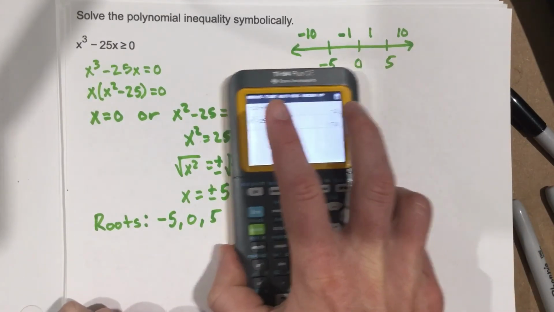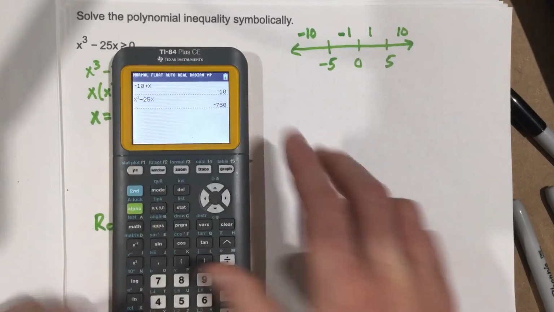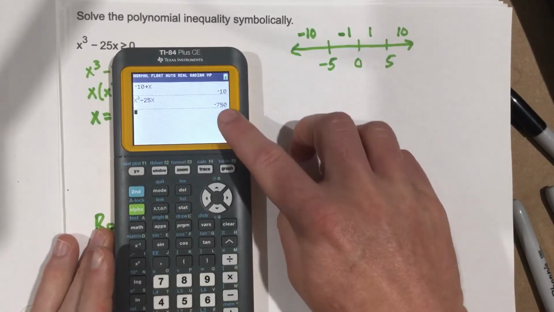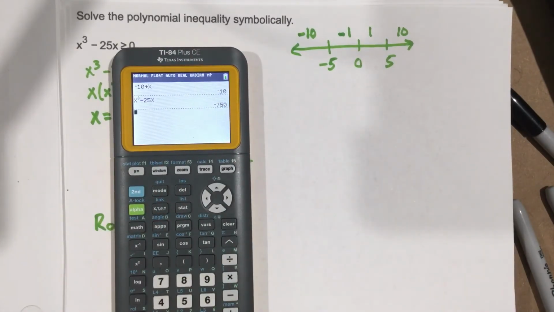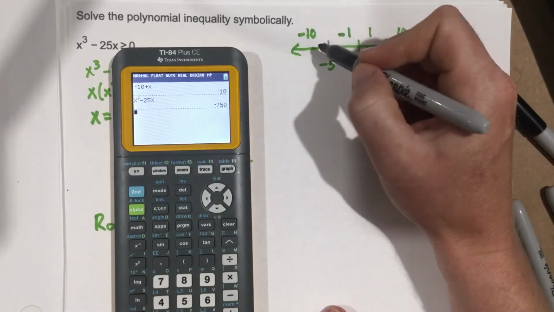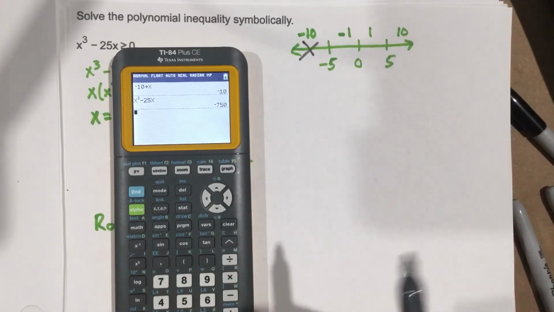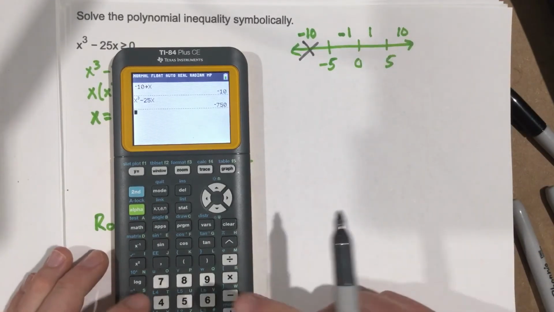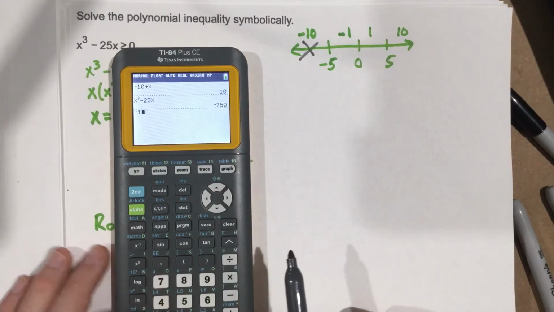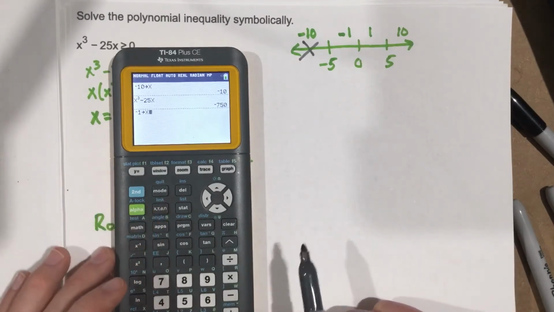Because we get -750, that is not a solution. So I'm just going to put an X through this area. This area is not solutions. Then I'm going to plug -1 and store it as x.